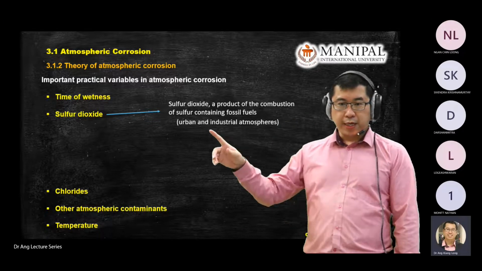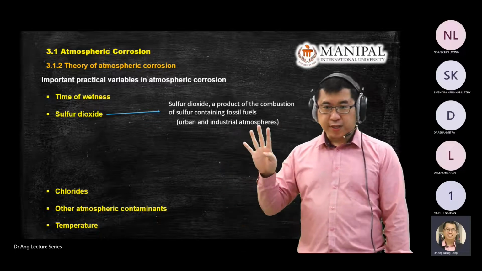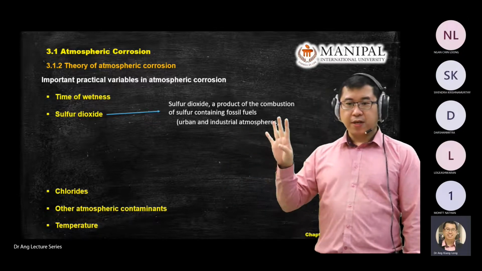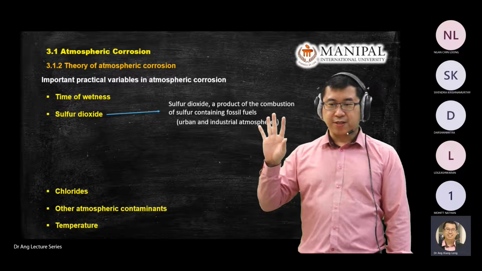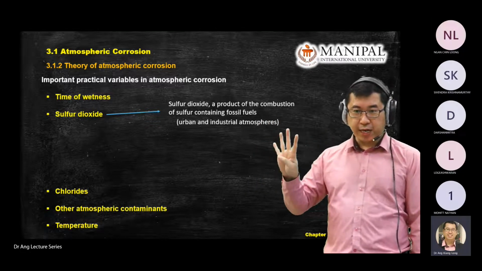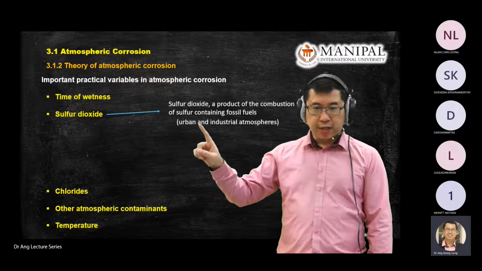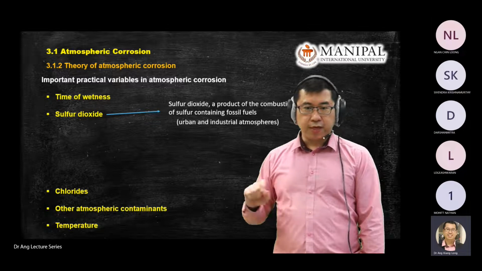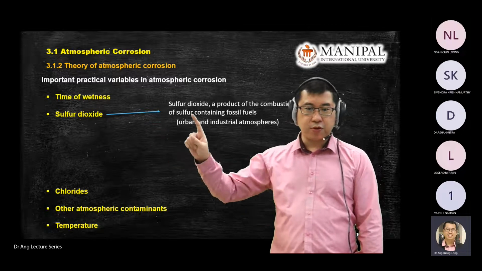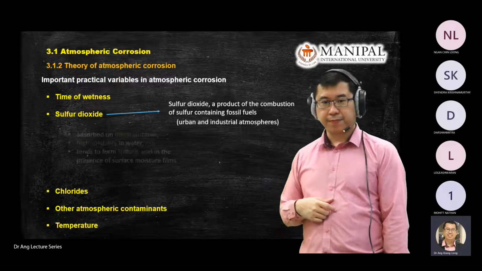So again, previously we talked about four types of atmosphere: rural, urban, industrial, and marine. Under urban and industrial atmospheres, you will have the problem of sulfur oxide. Okay?